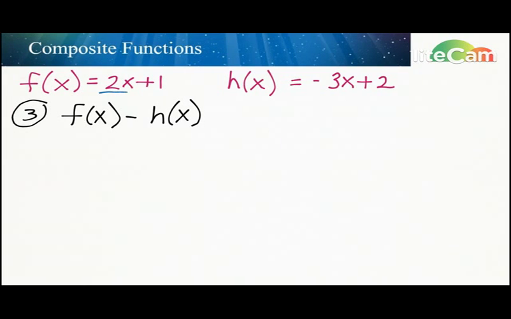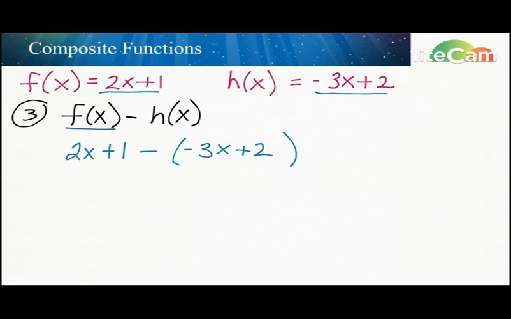The expression is 2x plus 1 and -3x plus 2. So let's put that into its own expression, or make it one whole expression.